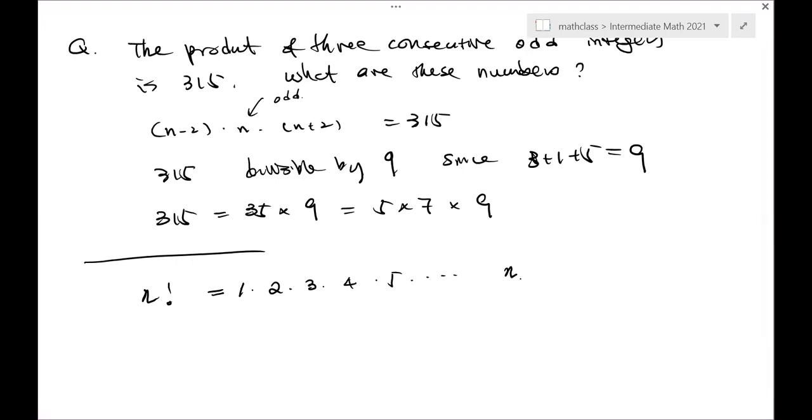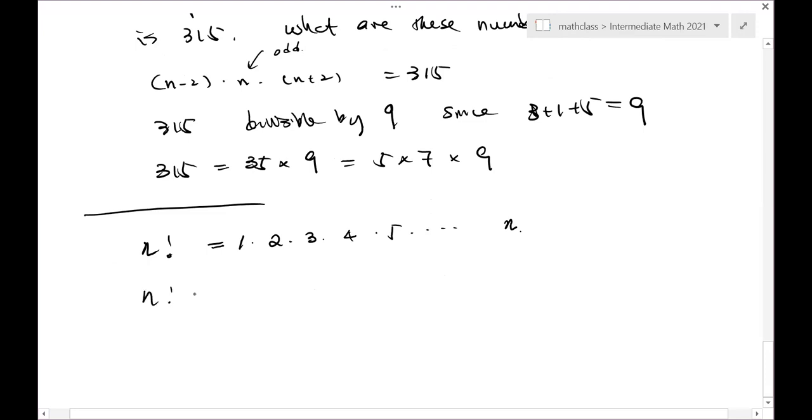But at the same time, you notice there are a lot of zeros at the end. Let's begin with 5 factorial: 1, 2, 3, 4, and 5. That is going to be 120, so you get a 0 here. Then with 10 factorial, you get another 0.